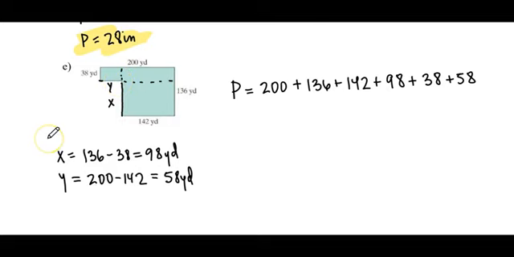We got 6 segments. So we have 400 plus 136 times 2. All right, so we have 672 yards for our perimeter.